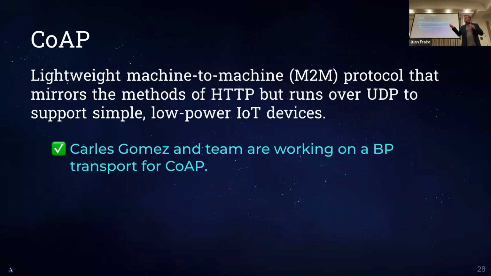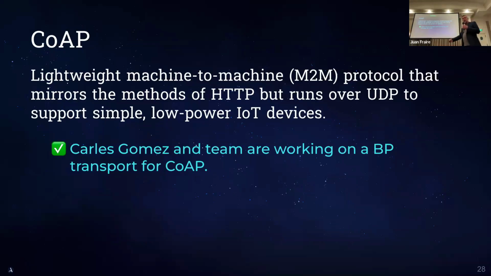Quick aside, having talked about HTTP, CoAP. Not a lot of people know about CoAP, but CoAP is a big deal in the IoT world. So the guys behind CoAP looked at using HTTP for very small power-constrained devices, looked at it and went, oh, we don't really want a full TCP stack. Can we do something light over UDP and IP?